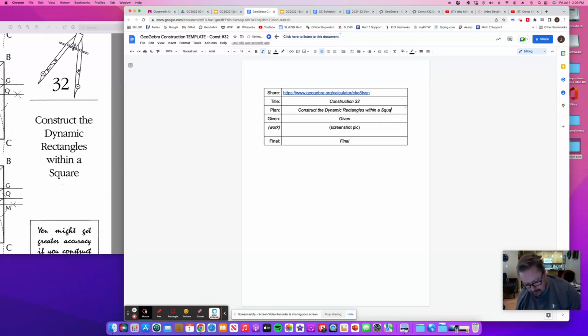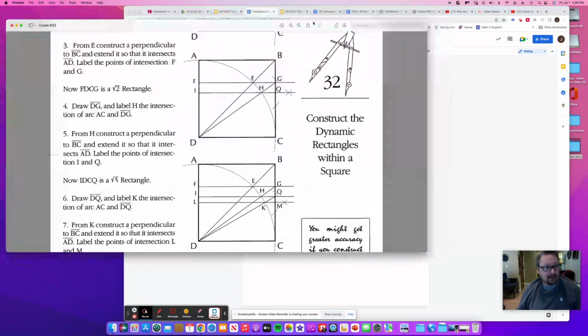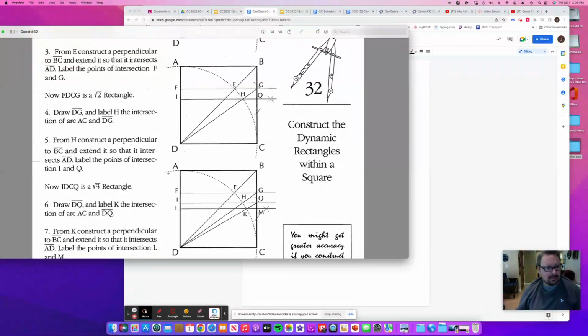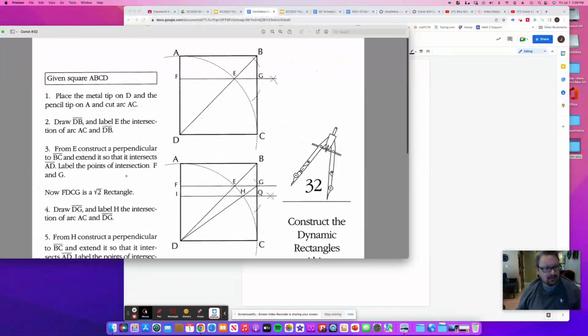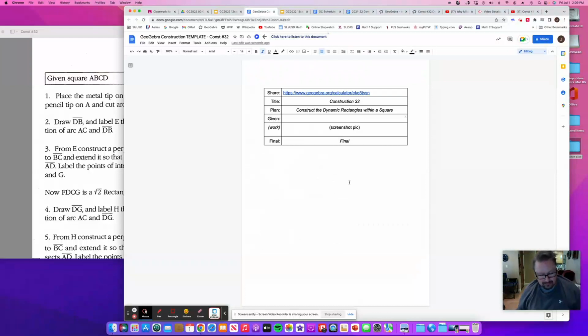And our given is square ABCD. Take a screenshot.